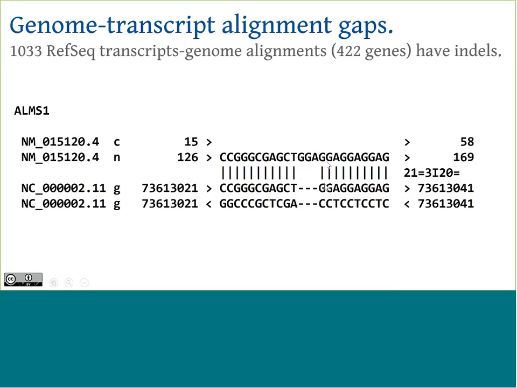So you can imagine that if you are unaware that this gap exists and you naively step from 25 to 26, from the T and G at the start of the gap, you would incorrectly assume that aligned with the GG on the genomic side.